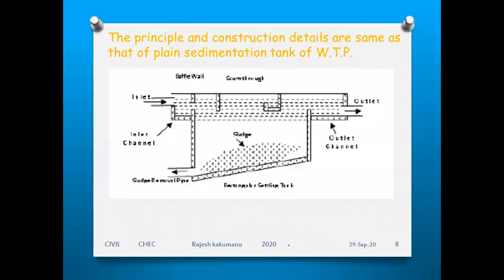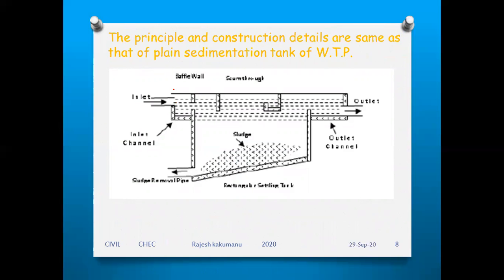The principal construction of a settling tank is shown, which is a basic settling tank. Here the sewage water, which has the solid particles, is coming from the grit chamber and going into the inlet.